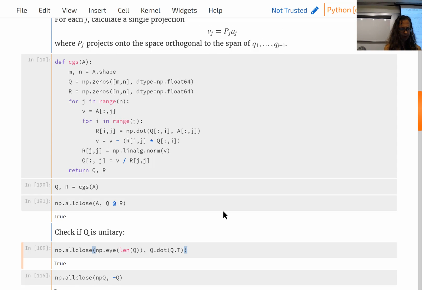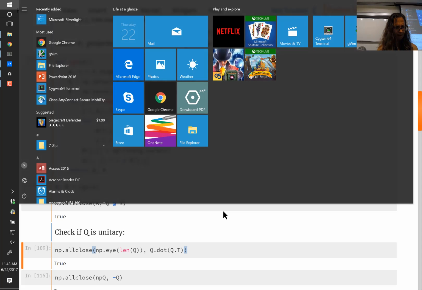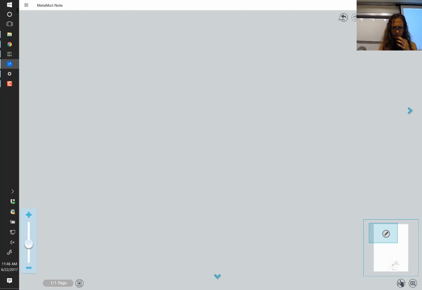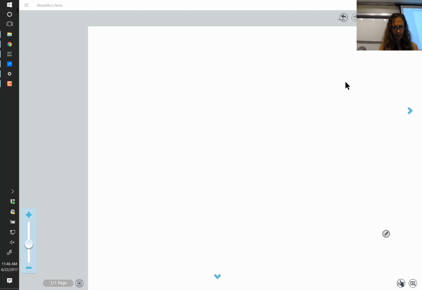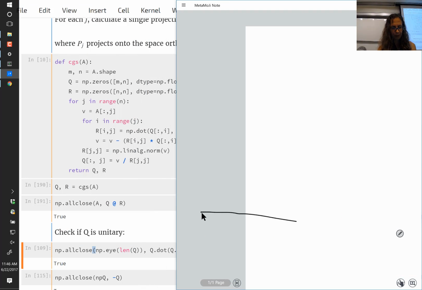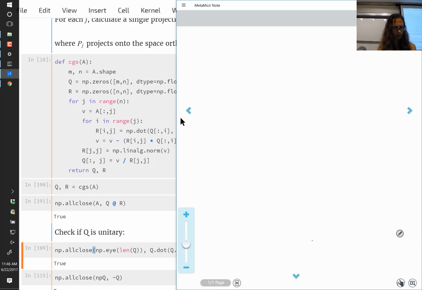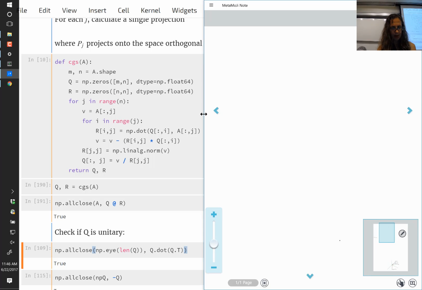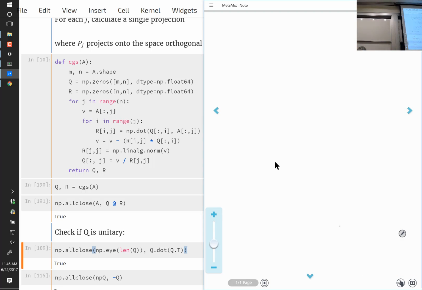Let me see if this will work. I'm going to see if I can put them side by side so you can see the algorithm and some pseudocode.